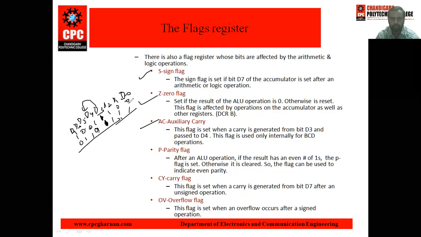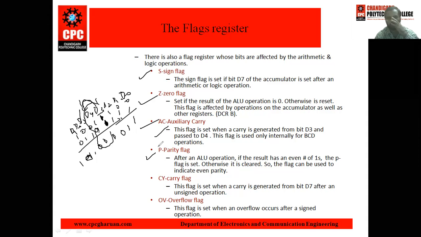If we want to add these two values, that is 1, 1, 0, 1, that is 0, and carry is generated from D3 to D4. In that case, the auxiliary flag is high. Otherwise, the auxiliary flag is low.